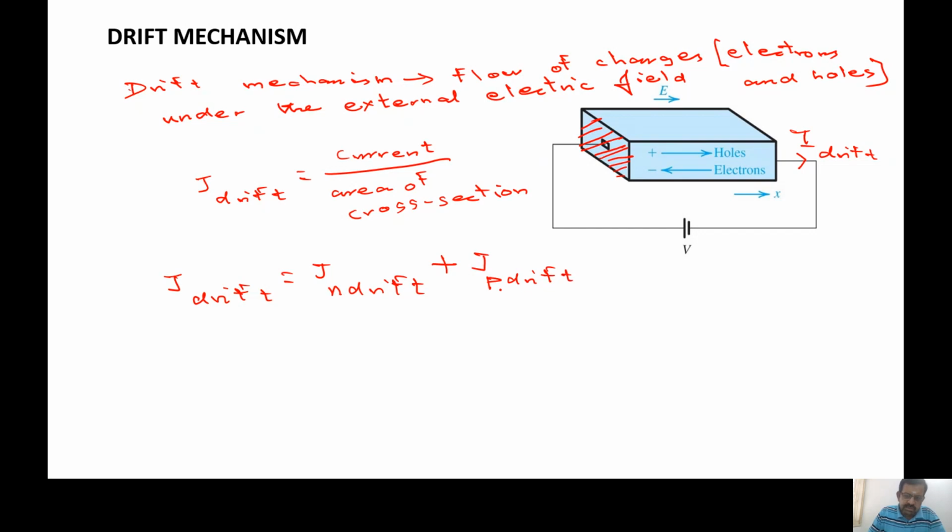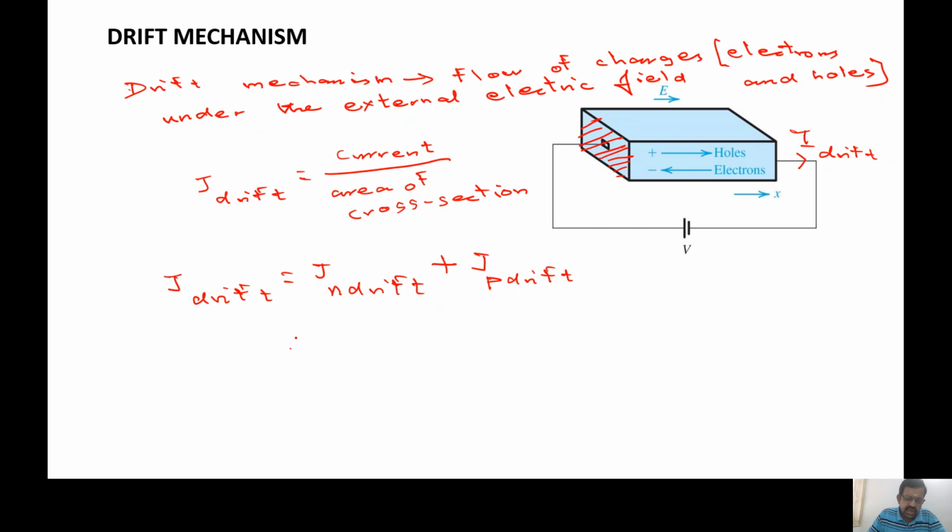So I have written the subscript p for the hole. Drift is the mechanism that governs the flow of these charges. So we are interested in deriving an expression for this current density.